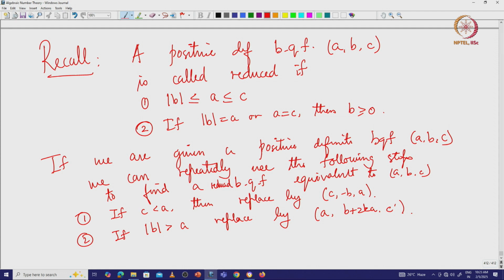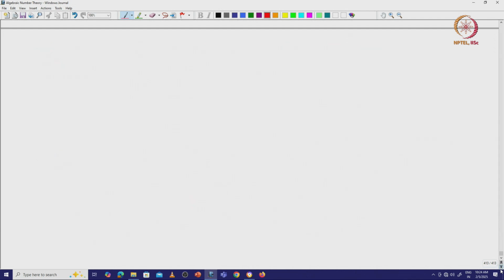And what is k? k is simply the floor of (a minus b) by 2a. Okay. So, let us do this in an example.